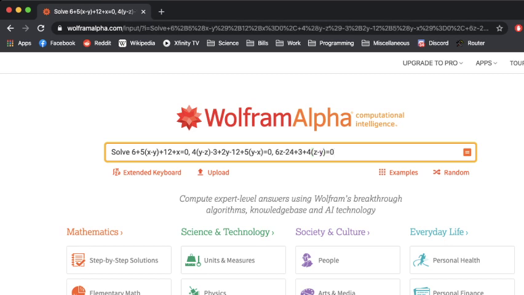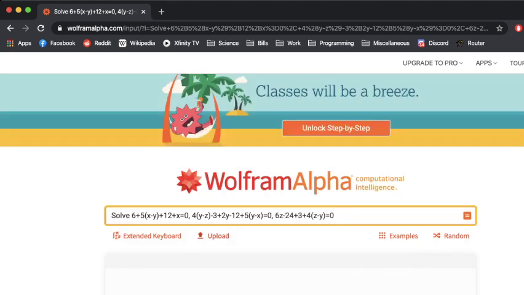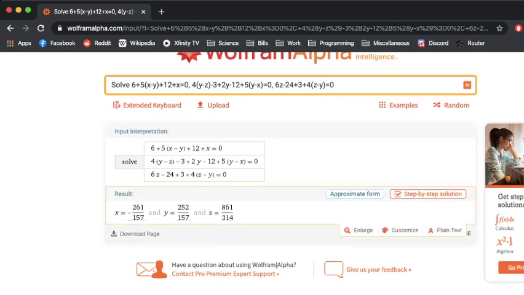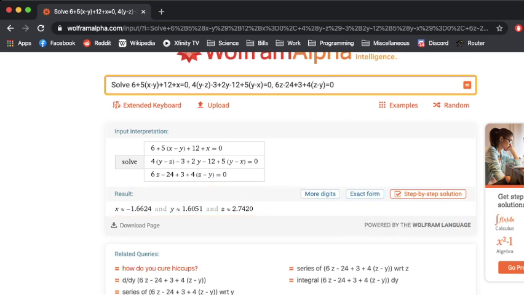Okay, so let's solve it, in approximate form. Okay, so we have that I1 equals 1.7 amps, I2 equals 1.6 amps, and I3 equals 2.7 amps.